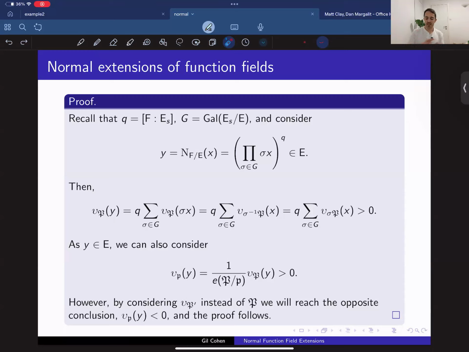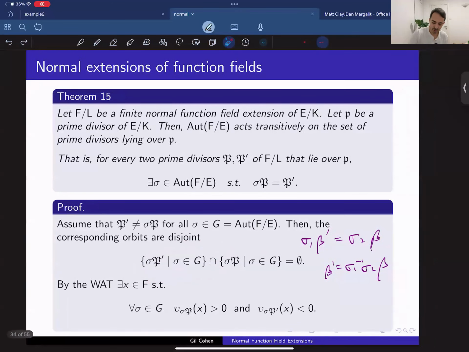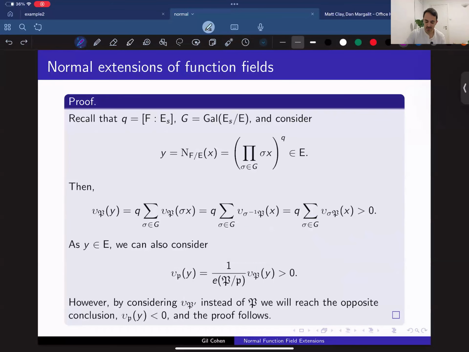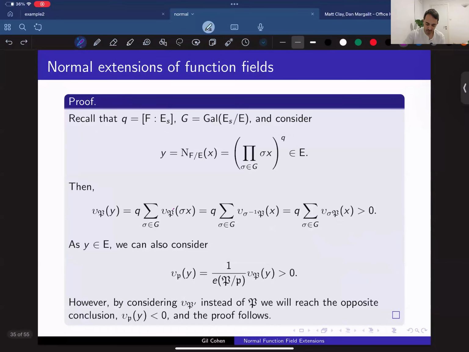But on the other hand, you can do the entire calculation with the primes. So you just have to put primes everywhere, here and here and here and here.